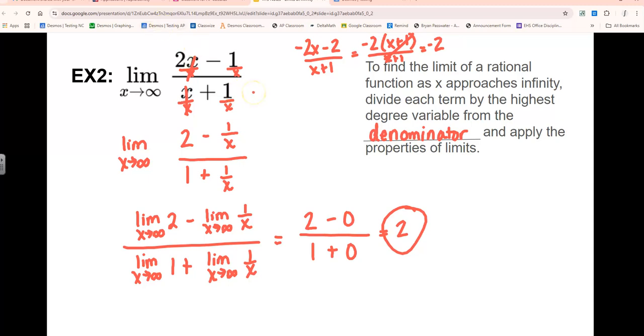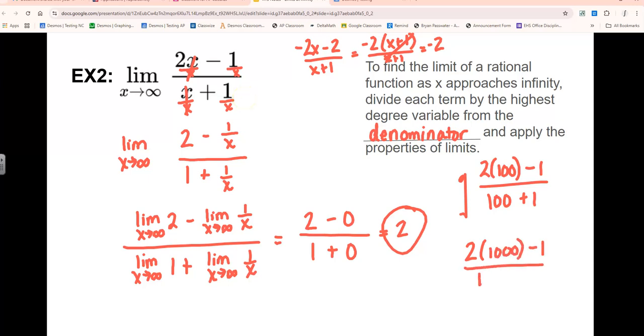Now, if you think about plugging numbers into this, if I have 2x minus 1 over x plus 1, as the numbers get bigger and bigger, I'm doing 2 times 100 minus 1 over 100 plus 1, and then the next step, 2 times 1,000 minus 1 over 1,000 plus 1.